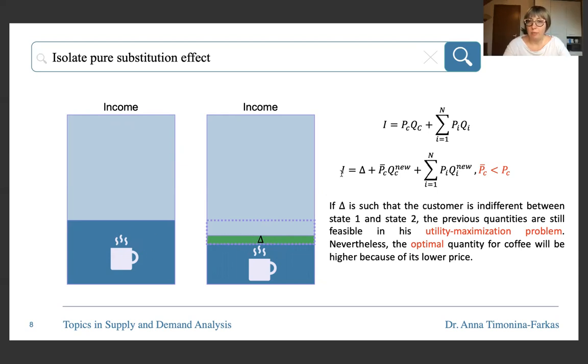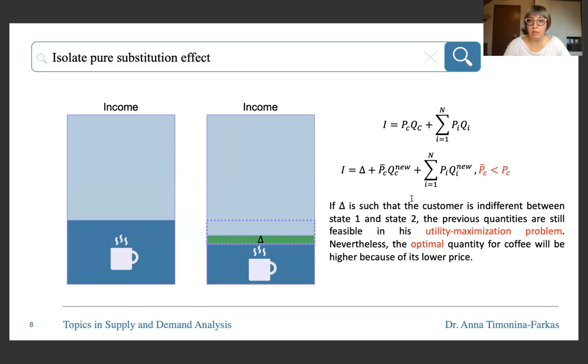What does it mean? Suppose we have an income, we are paying some amount delta for purchasing coffee at this lower price, and we now buy some other amount. Let's think if it will be the same as here or not. And the prices of other goods didn't change. Let's think if these amounts will stay the same as well.